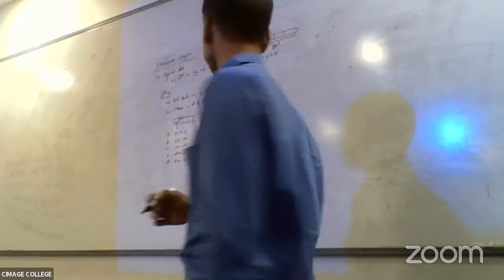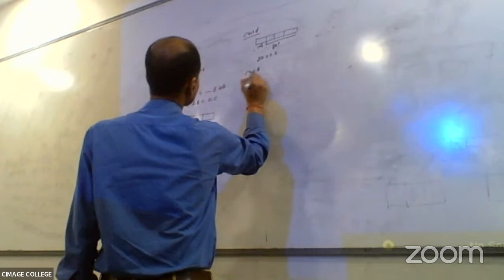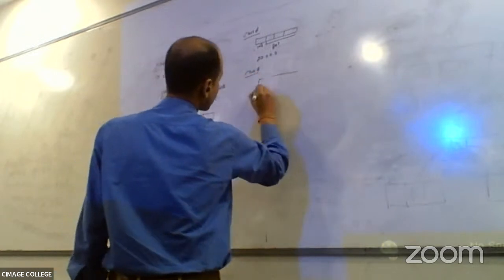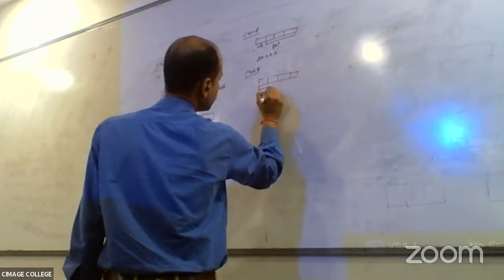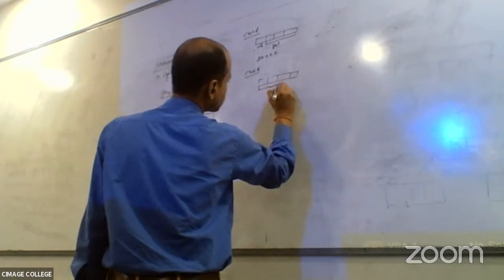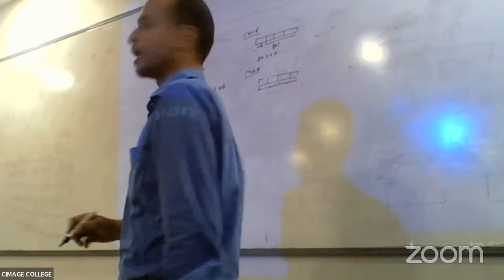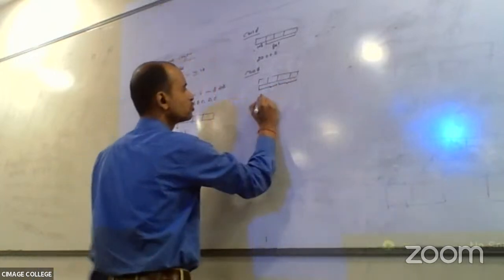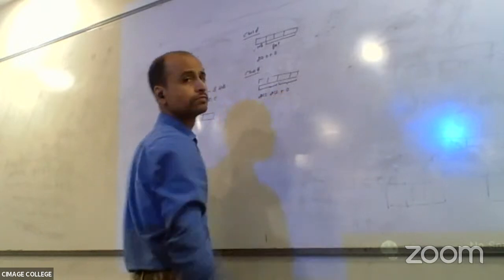Then class B, again 4 parts. The first 2 parts are used to define the network, and the last 2 parts are used to define the host. Its default subnet mask is 255.255.0.0.